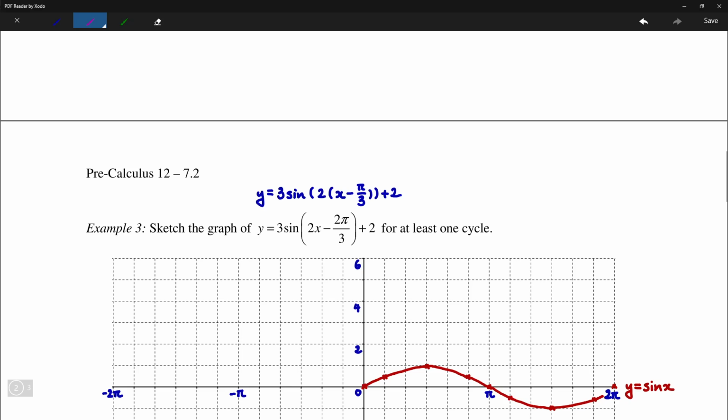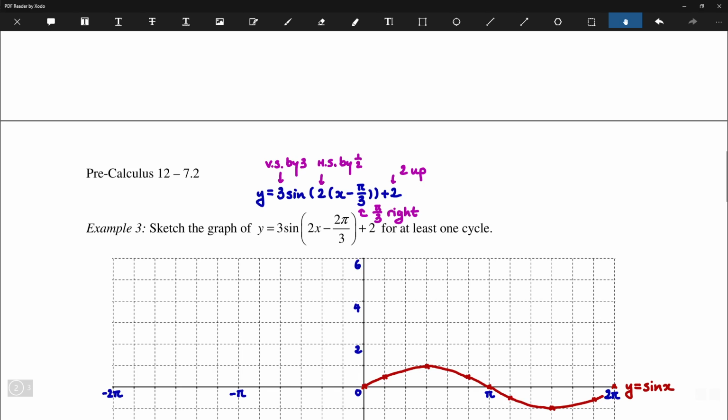So transformations, again, in order: this is a vertical stretch by 3. This is a horizontal stretch by 1/2. And then the graph will be translated pi over 3 to the right, or phase shift of pi over 3 to the right, and a vertical displacement 2 spaces up.